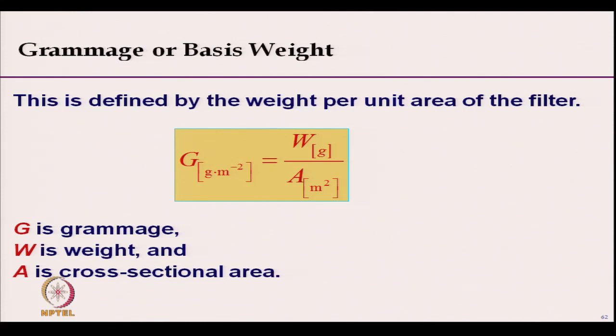Here we take the mass of fabric in grams and the area, and we calculate the mass per unit area, that is expressed either in terms of basis weight or grammage. In filter fabric we use the term grammage or basis weight very commonly.